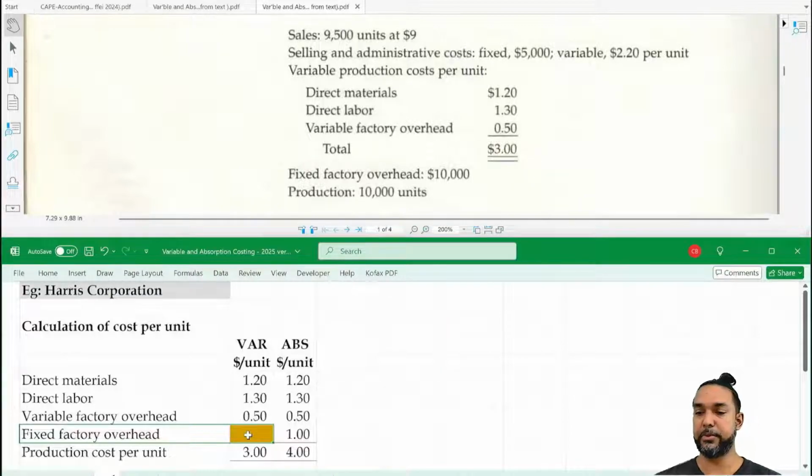It doesn't differ between the alternatives or the decisions being made, so we do not include it in cost per unit. Under absorption costing, however, we do, because absorption costing is traditional costing, full costing, and it is not abandoned. It is a sound and logical costing method, and we need to remember how to do it.